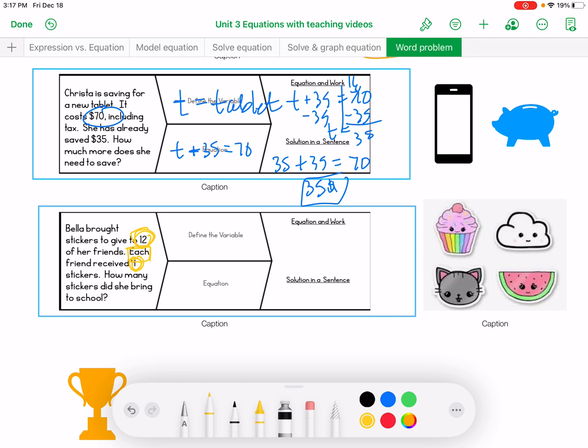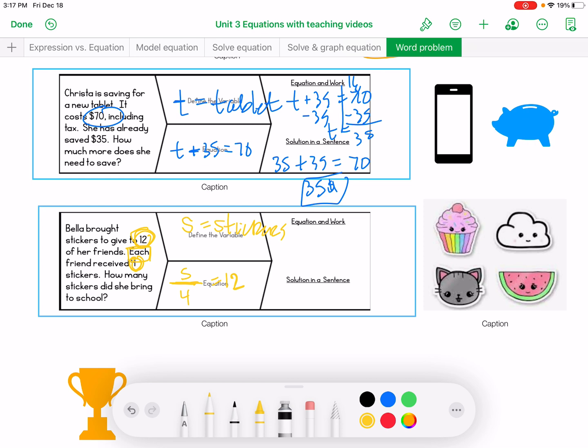Okay, so each is going to tell us to multiply, but we have an unknown variable here, so we're going to do the inverse. We know that we're trying to figure out stickers is our unknown. How many stickers did she bring to school? So our total number of stickers is going to need to be divided by 4 for each student.